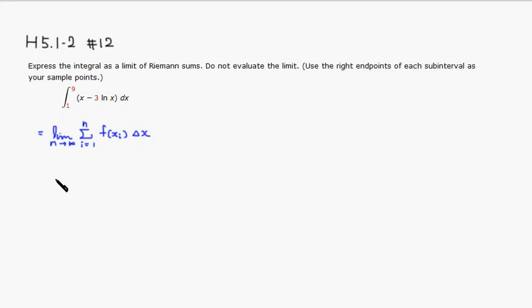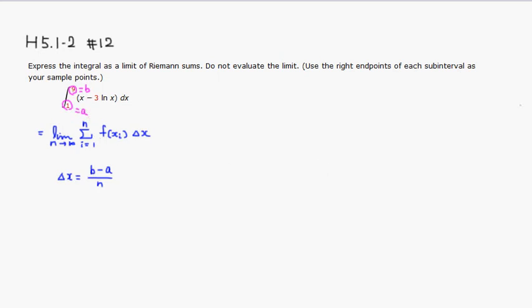And we know how to find delta x, right? Delta x is simply the length of the interval, which is the upper limit minus the lower limit, divided by n. In this case, the upper limit b is 9 and a is 1.